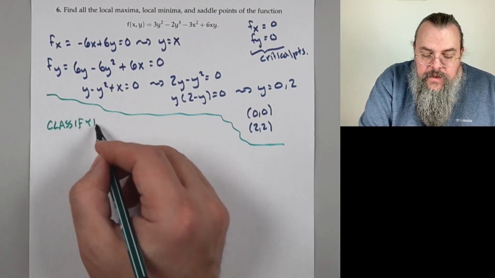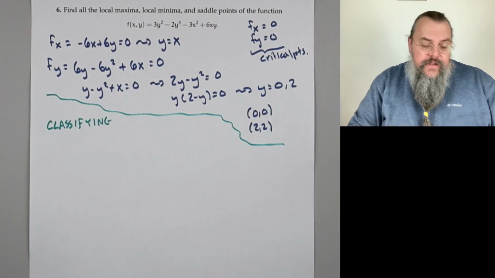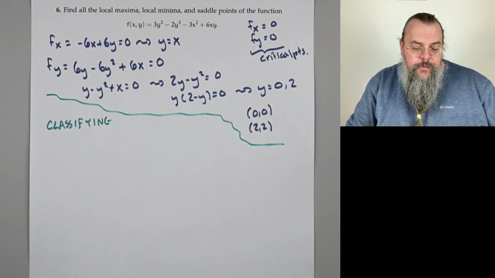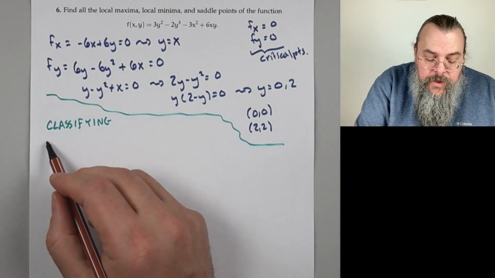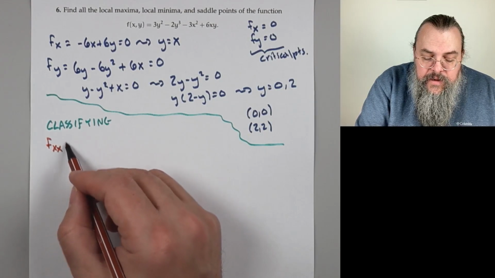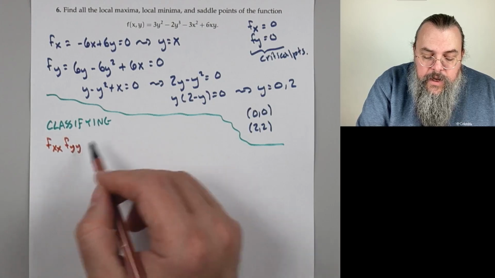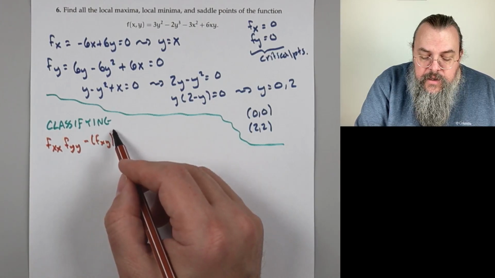And for that, we have what we call the second partials test. So let's just write down a couple of things. What do we have? We're interested in this value, f_xx times f_yy, subtract f_xy quantity squared.